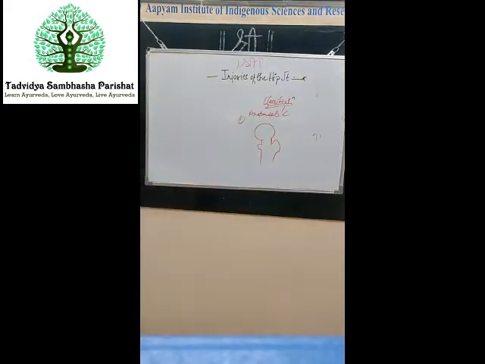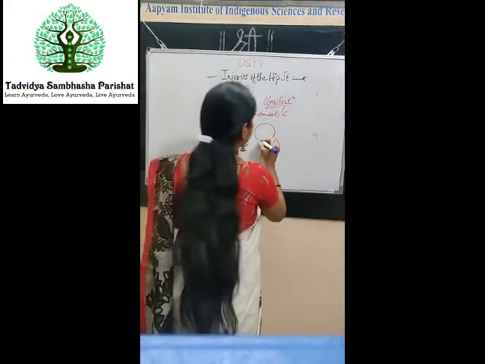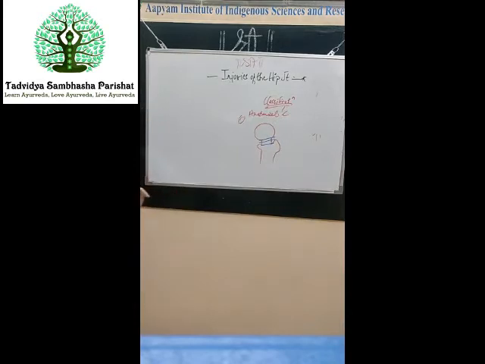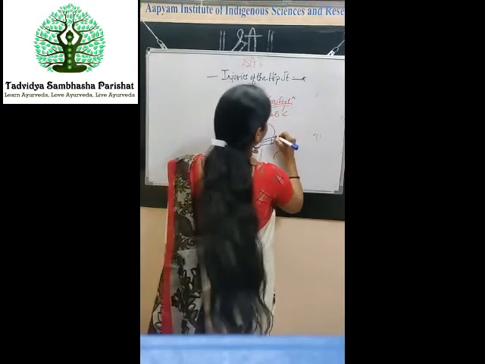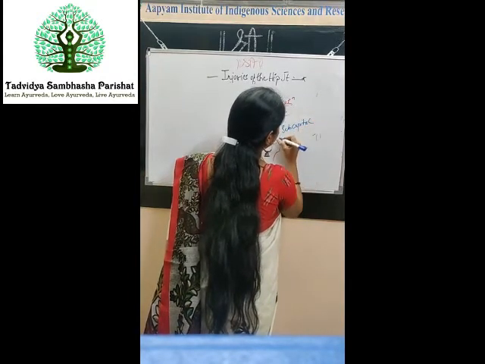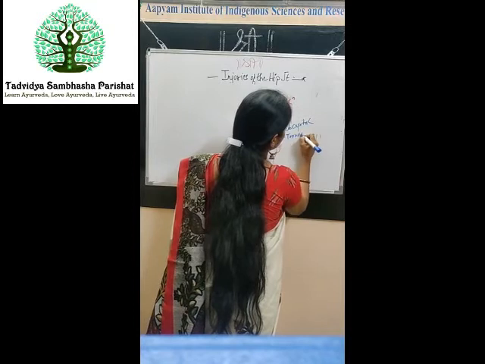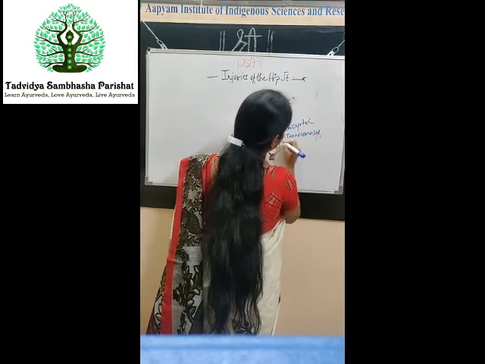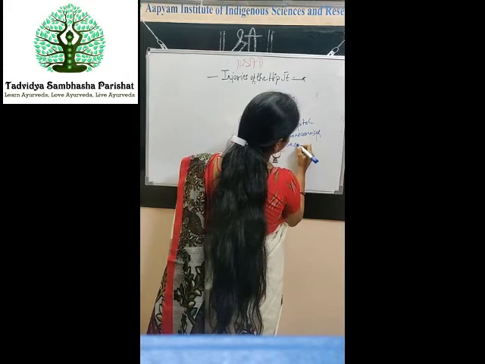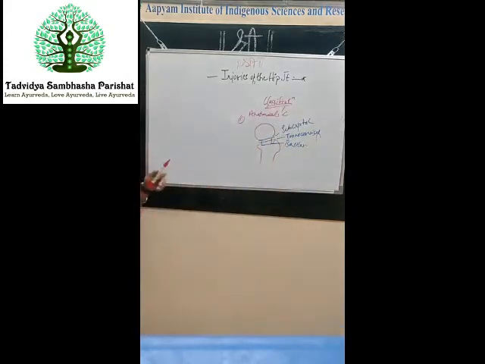So, there are 3 zones: one is this, this and this. The first one is subcapital, then transcervical, and this is basilar, or basal.